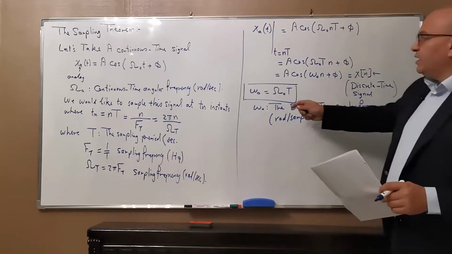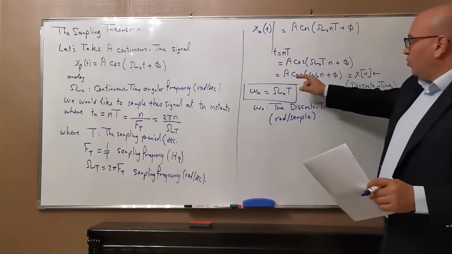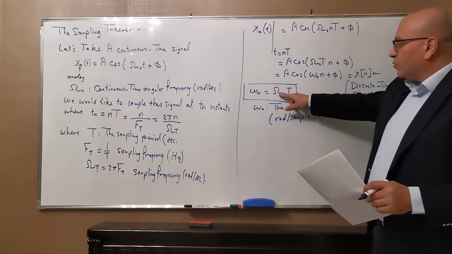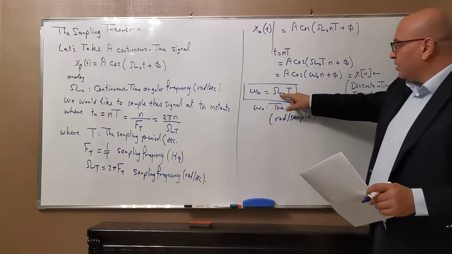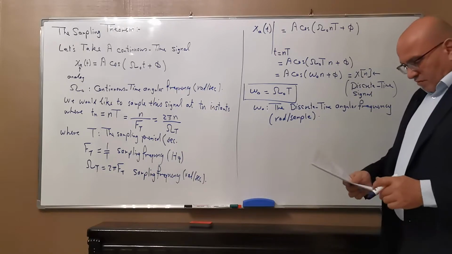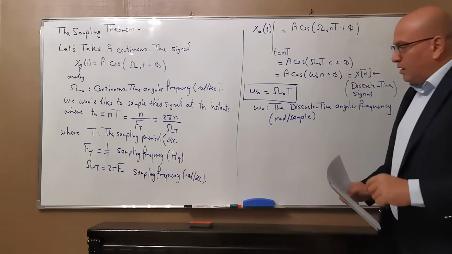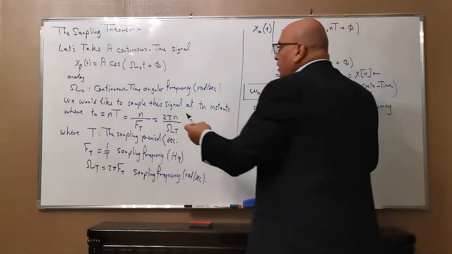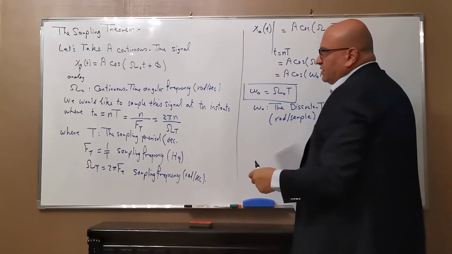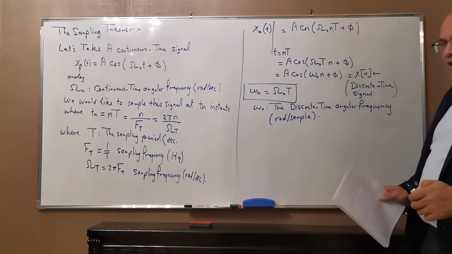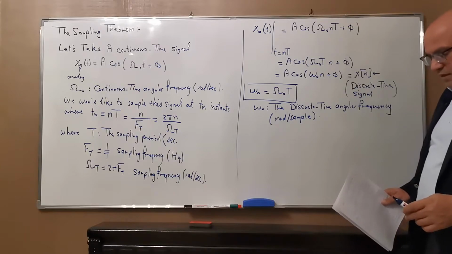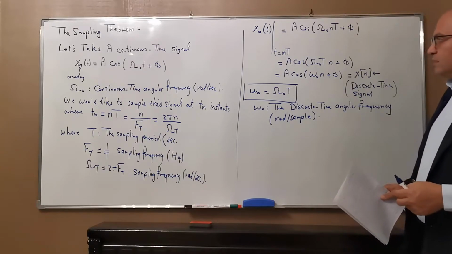So whenever we need to do the sampling, all we have to do is to take the analog frequency, multiply it by the sampling period, and you will get the discrete time frequency. Notice, by the way, that we took the analog signal as a cosine signal, but this can also be applied to any signal, taking into account that any signal could contain many frequencies inside.